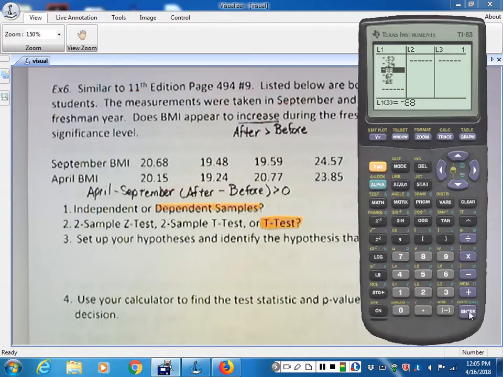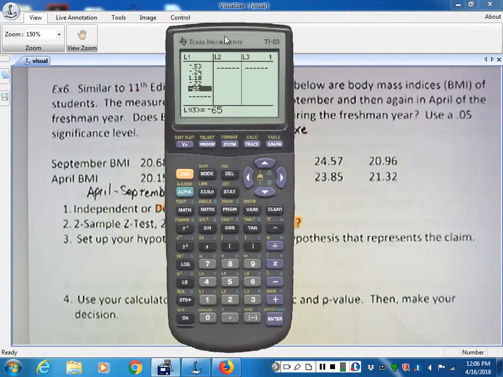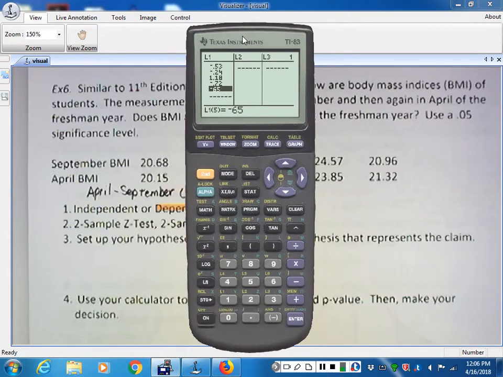And 20.77 minus 19.59. And 23.85 minus 24.57. And 21.32 minus 20.96.